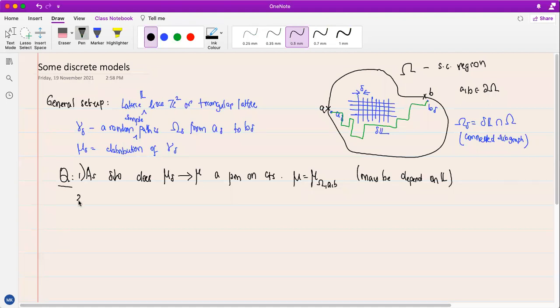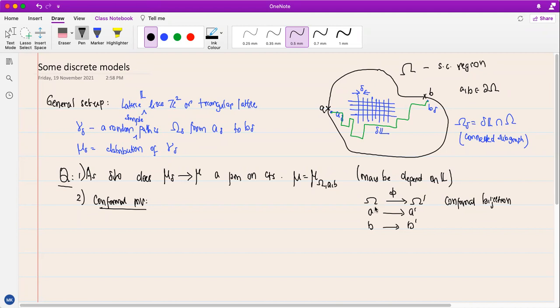And then for various reasons, there is this conformal invariance conjecture. I cannot explain this much. The conformal invariance conjecture is that these measures have a conformal invariance. That is, if I have omega going to some omega dash by a conformal bijection phi, and A goes to A dash and B goes to B dash.